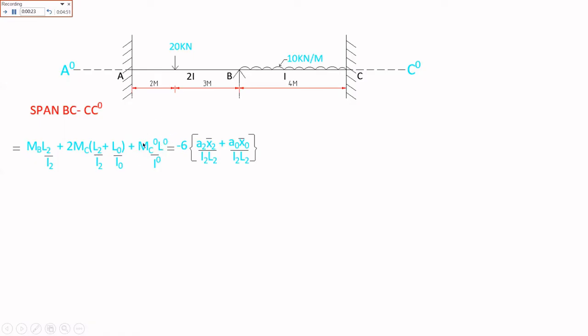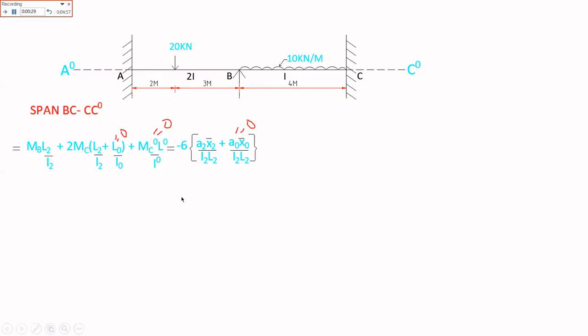This value will also be 0, this one will also be 0, and this small part will also be 0, since this is an imaginary span.